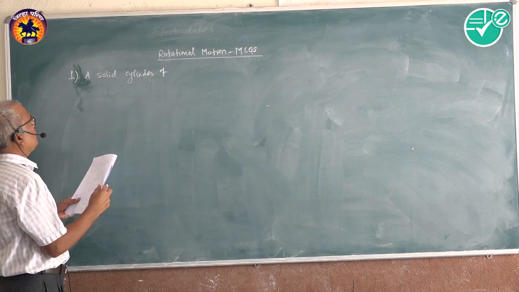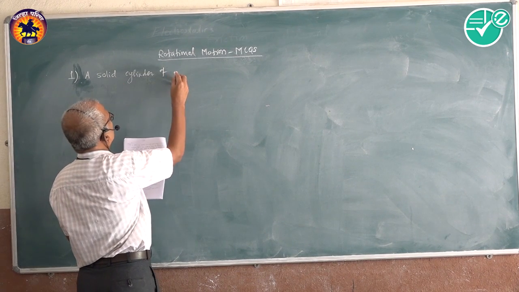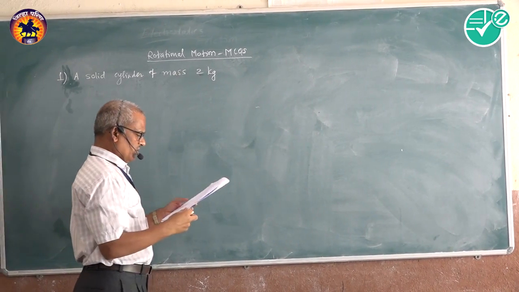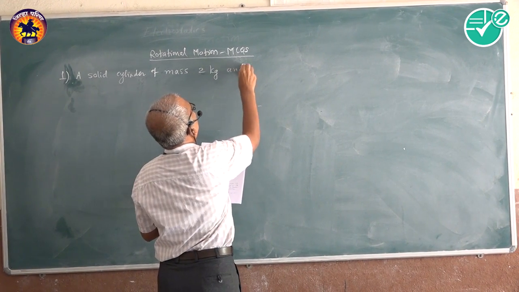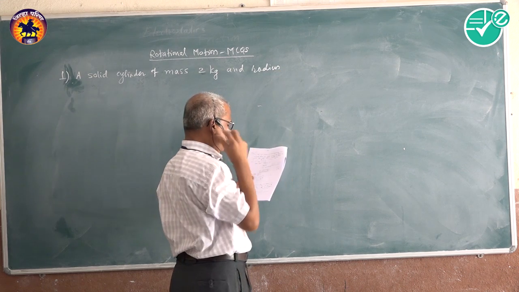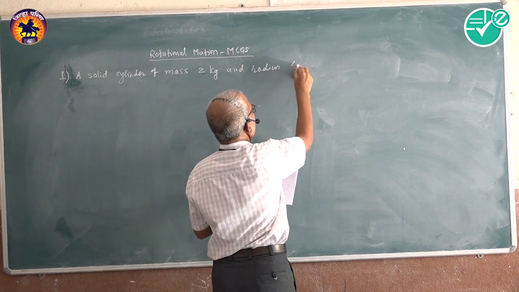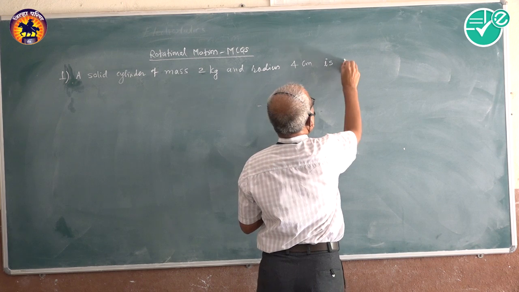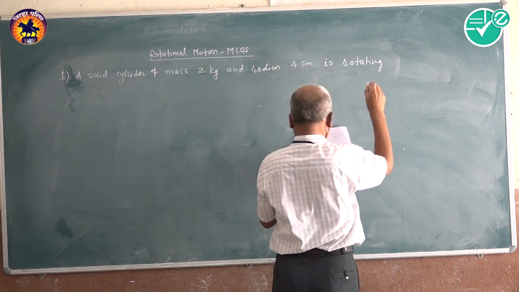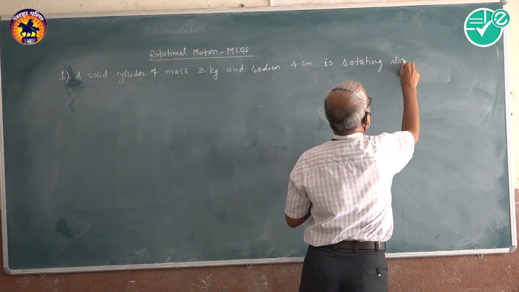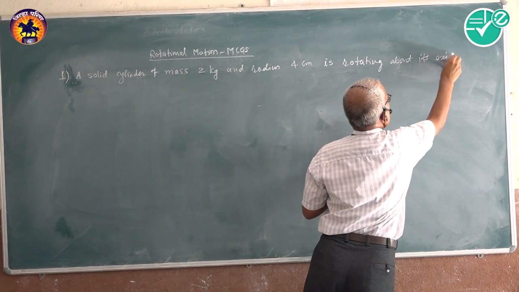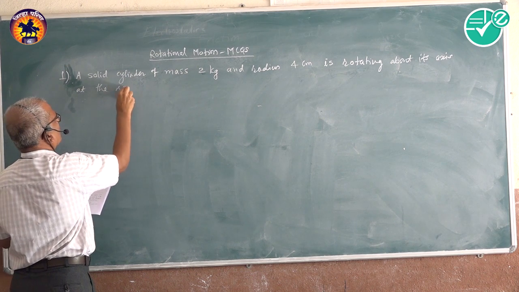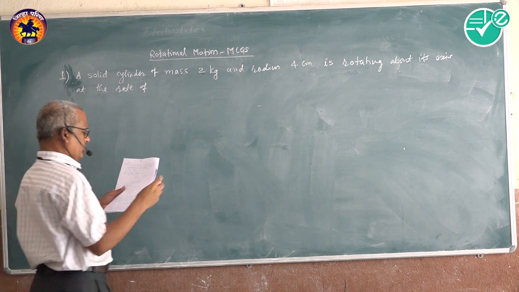Now the first MCQ I will write here: a solid cylinder of mass 2 kilogram and radius 4 centimeter is rotating about its axis at the rate of 3 rpm.